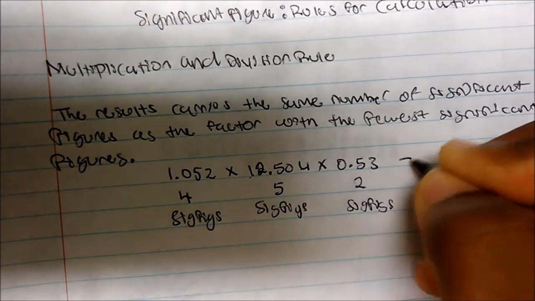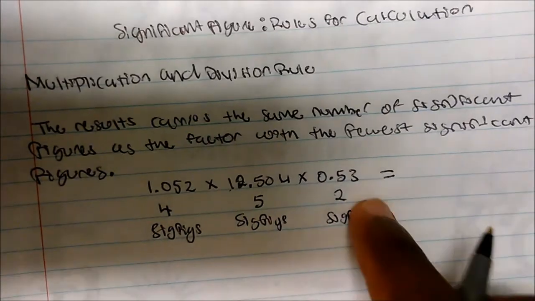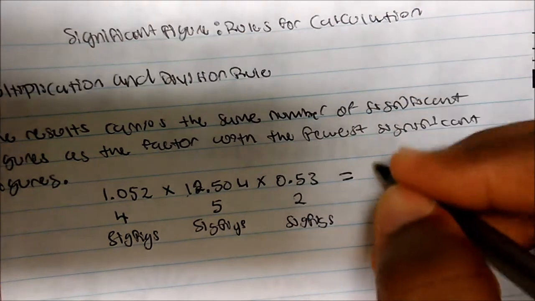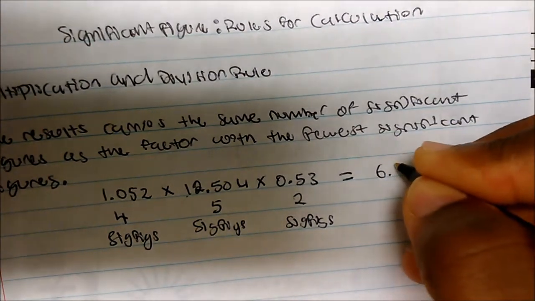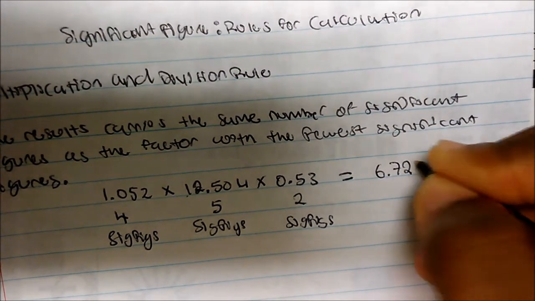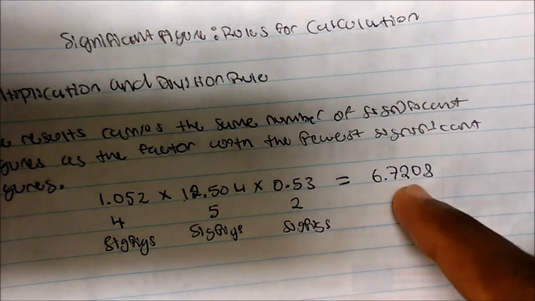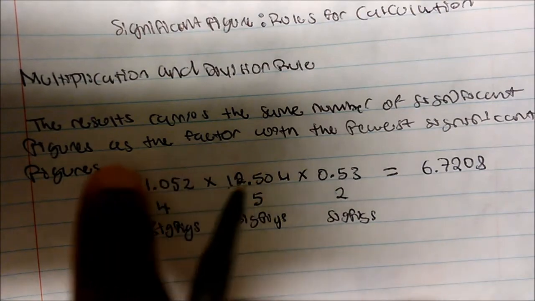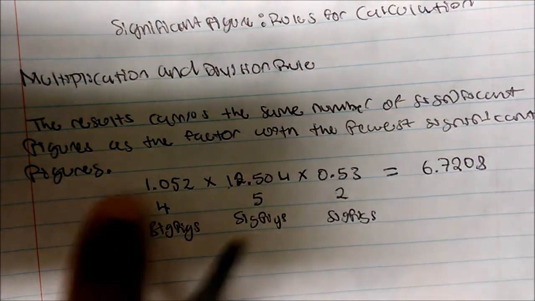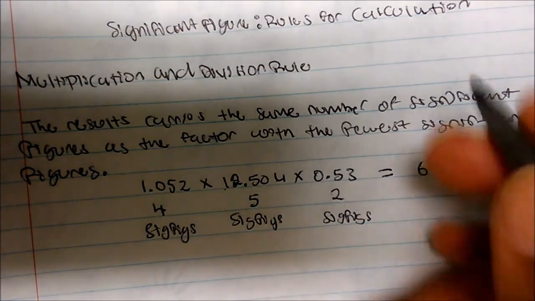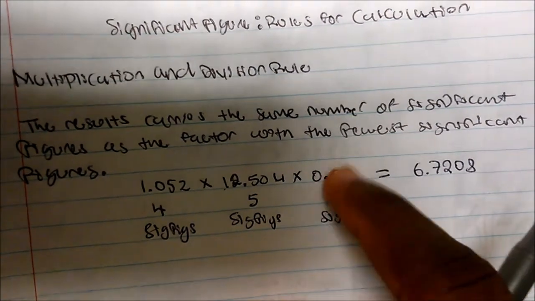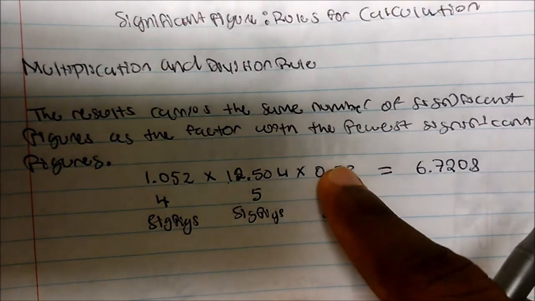Okay, and if I plug these numbers into my calculator and multiply them, I get 6.7208. The rule says to use the fewest significant digits, and in this calculation the fewest is 2 sig figs.